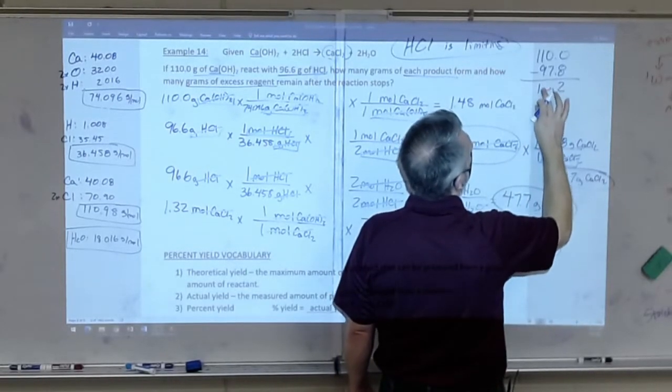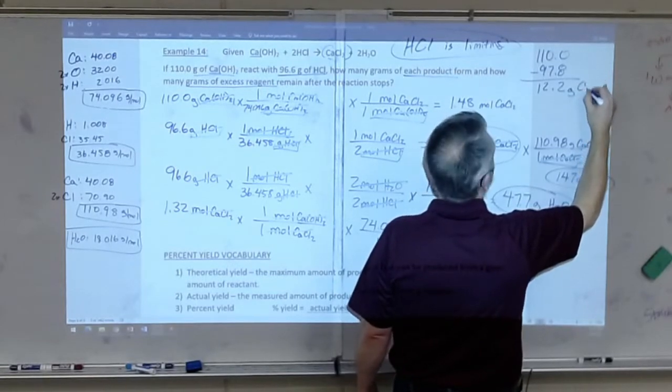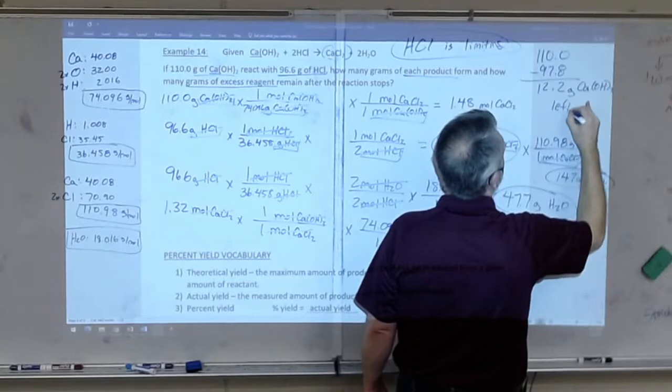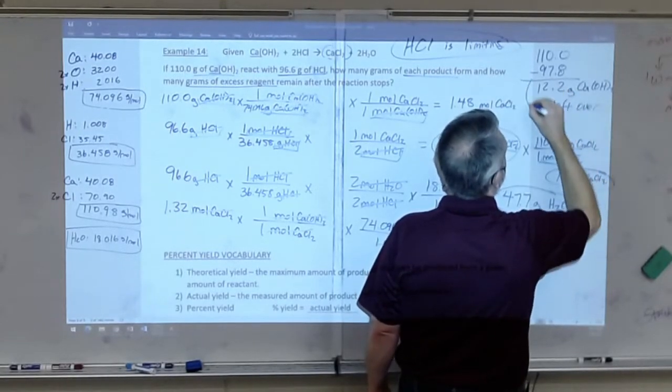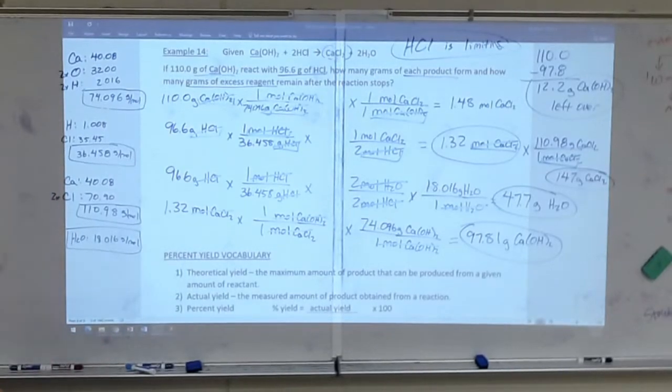No, 12, right? So 12.2 grams of calcium hydroxide left over. That's how much was remaining. Let me double check that because I don't trust my brain. Yep, that's correct.